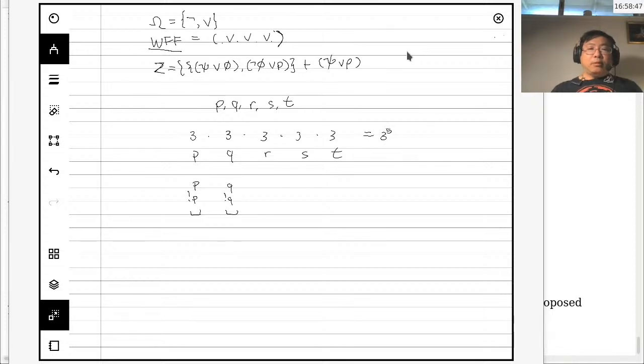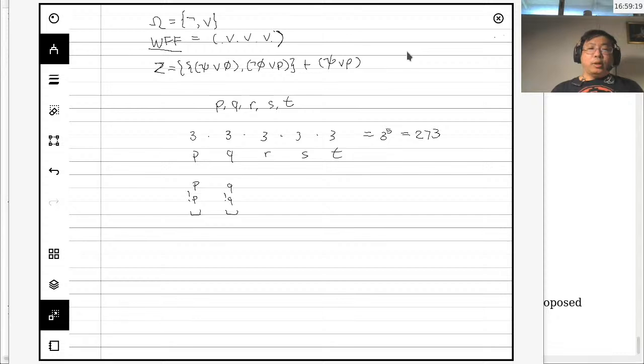Now 3 to the power of 5 is a little large, but it's not really that bad, right? Because 3 squared is 9, 9 squared is 81, 81 times 3 is what? 273. So that means when we look at the cardinality of the set consisting of all the well-formed formulae, there are only 273 items in it, which is not too bad.